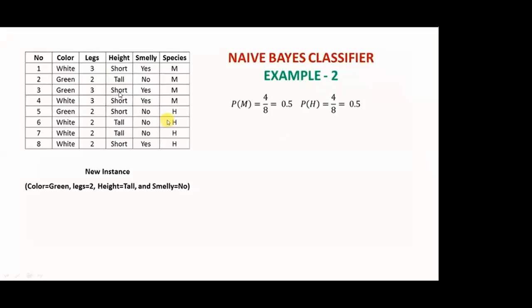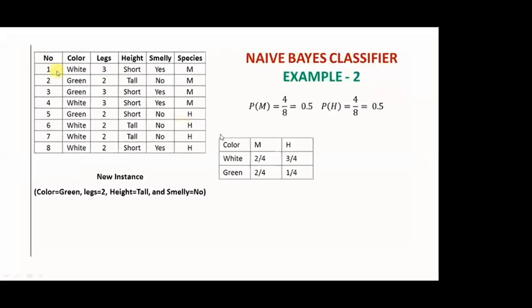Next, you have to calculate the probability for each attribute value: what is the probability of it being white based on color, and similarly based on leg, height, and smell. So based on these four attributes, you need to calculate the probabilities. First, color. In color we have two types, white and green. You can see here four green examples and four white examples.